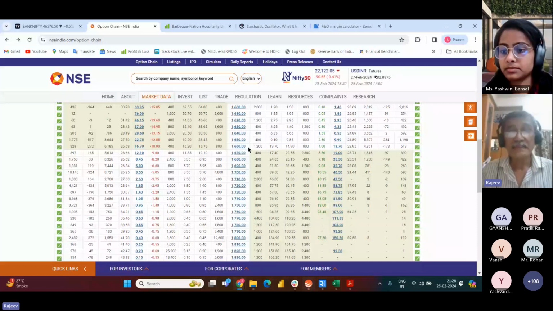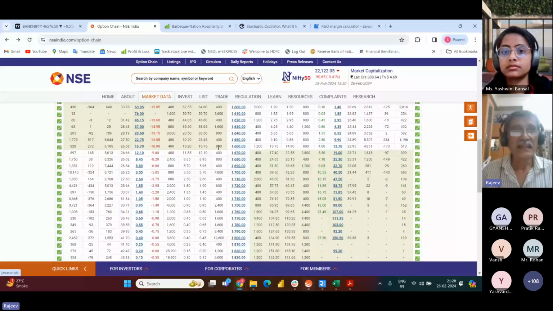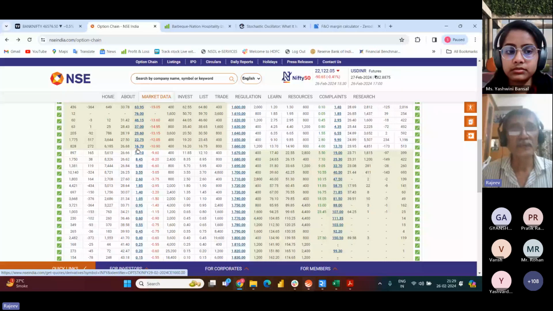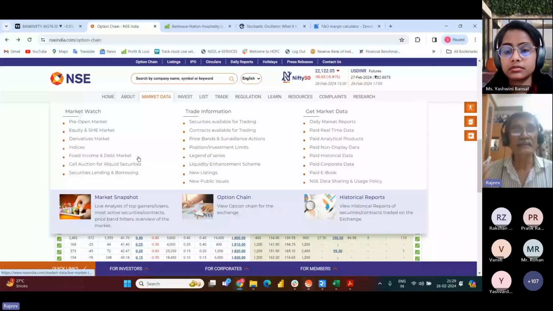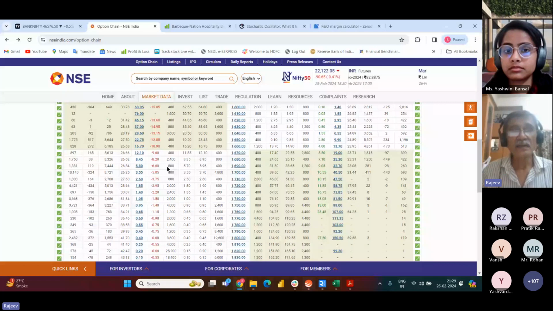So a buyer says that I will buy Infosys at this price, 1660, and for that, this is the last premium. This is the price, the premium that I have to pay to the seller for that right. When you give this premium to the seller, in return you get a right to buy a particular instrument at whatever strike you have agreed upon.